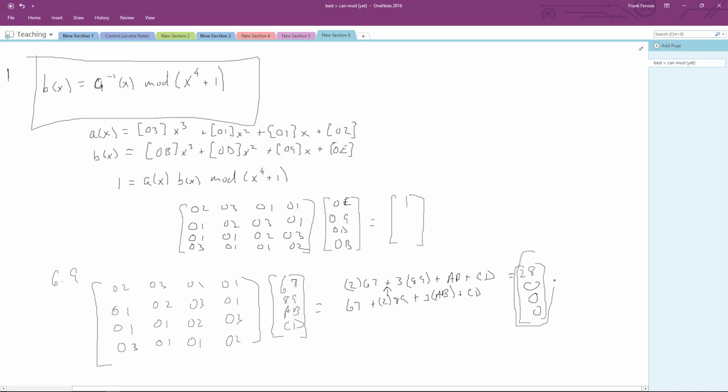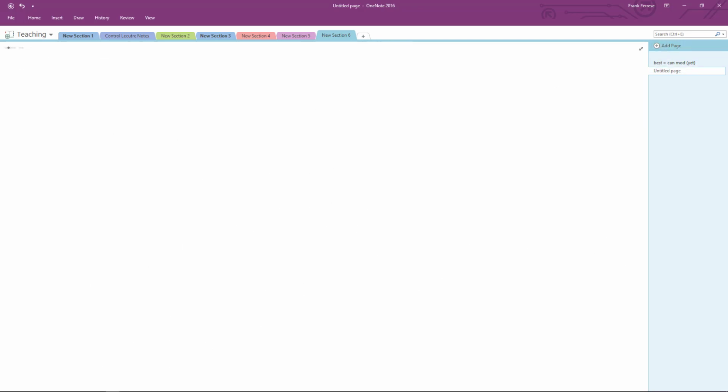Then you take this entire vector, we'll call this vector X, and then what you're going to do from there is take that vector X and multiply it by the inverse mixed columns matrix.